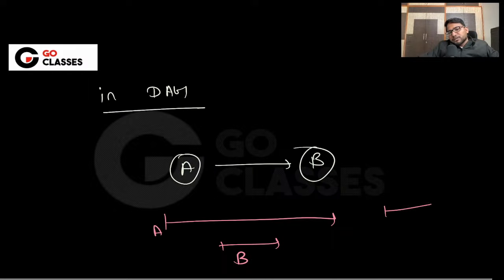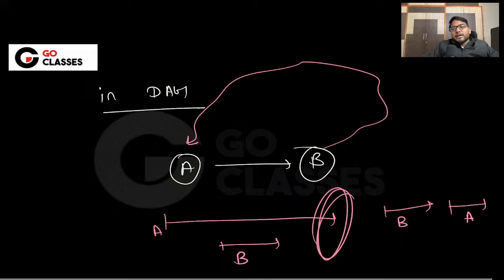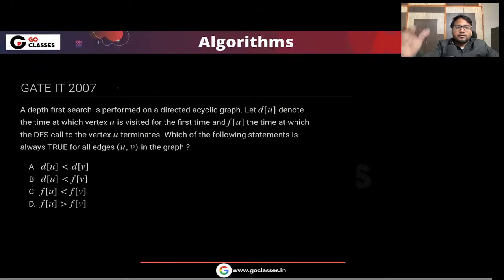If you are starting B first, then you cannot start this A after this B. So basically A will always finish later. If you are starting B first, then also A will finish later. If you are starting A first, then also A will finish later. In any graph, there could be the case that there is a path, so in between you can start this A. So in any graph it is not true, but for the DAG it is always true. In the cycle it will fail.